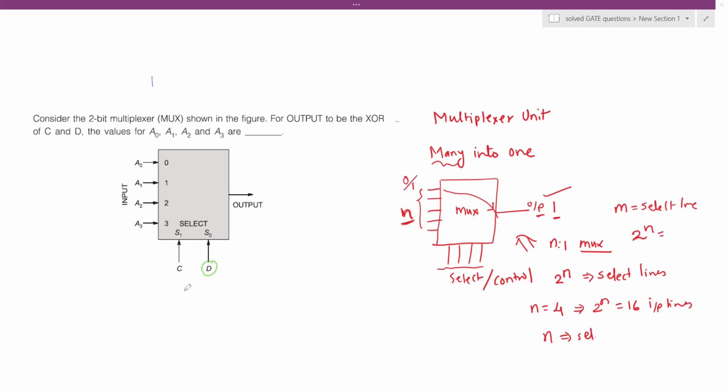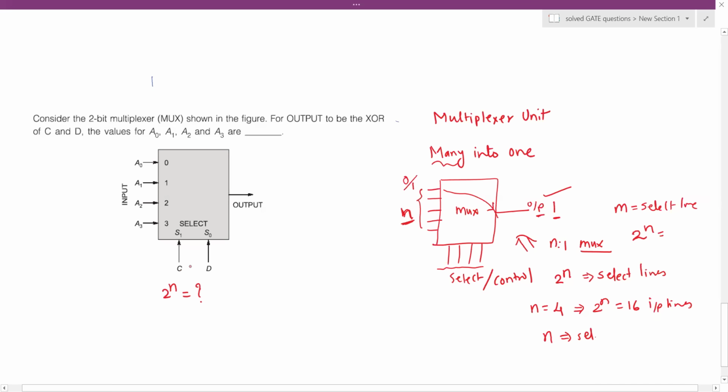letter D. So obviously, since it's a binary system, because there are 2 bits, 0 and 1, you can have 4 possible combinations as given by this equation, 2 to the power n.